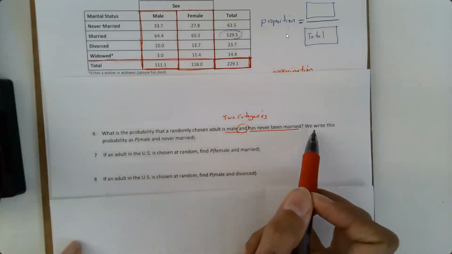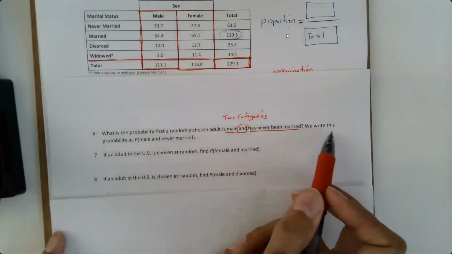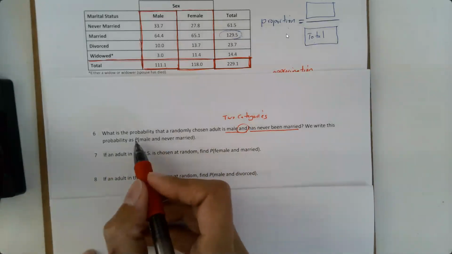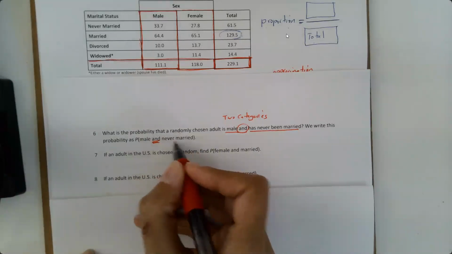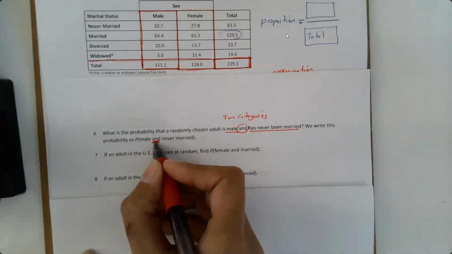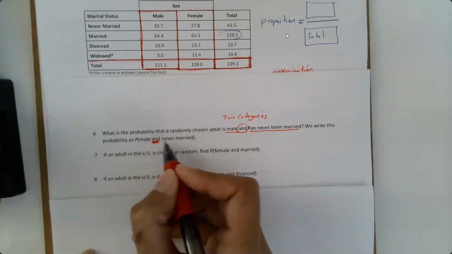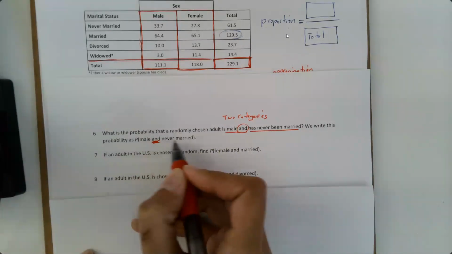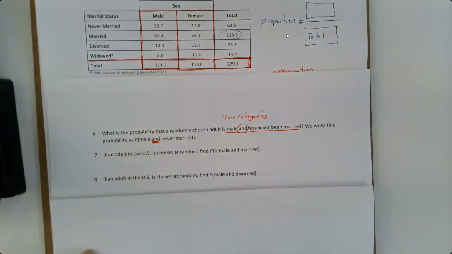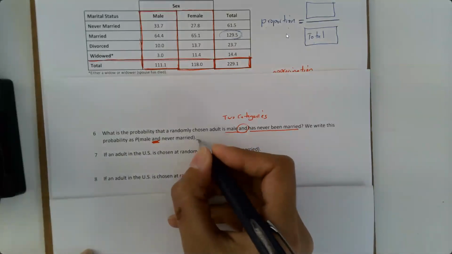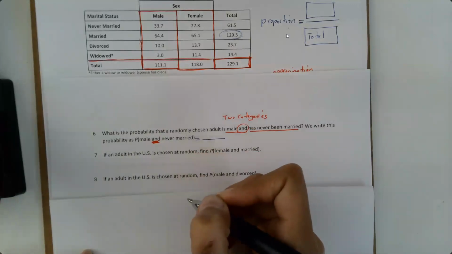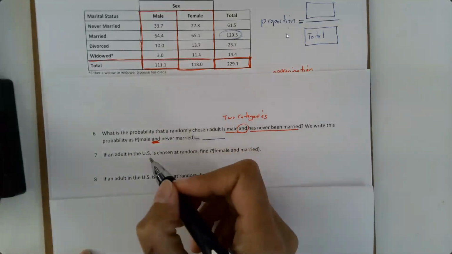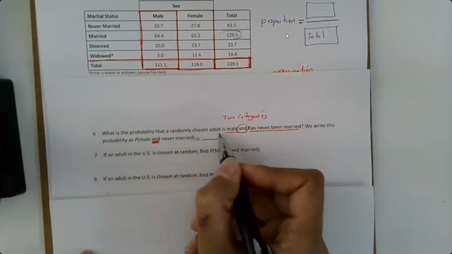First of all, note that we're going to write this probability as P of male and never married. We use the connector, the keyword and, to show that we are connecting these two categories together. First of all, it's a probability, so definitely I have to have a fraction. What number is on the numerator?